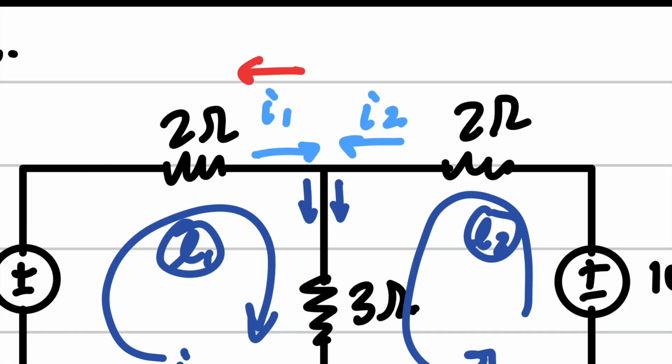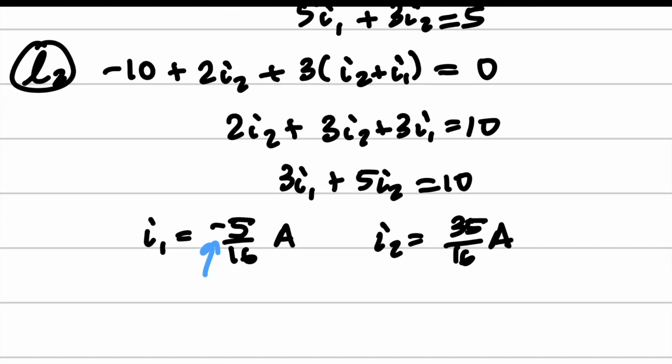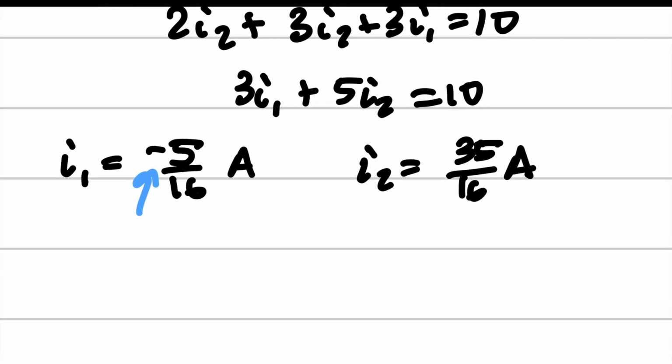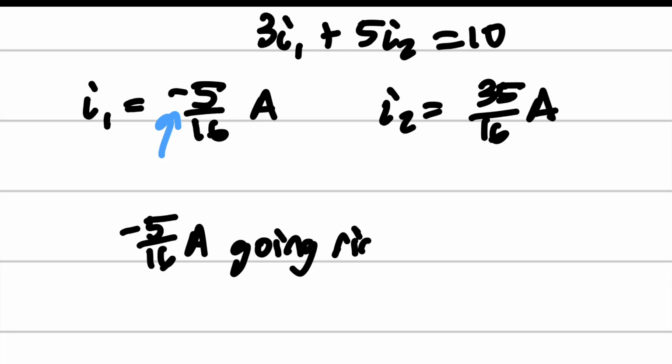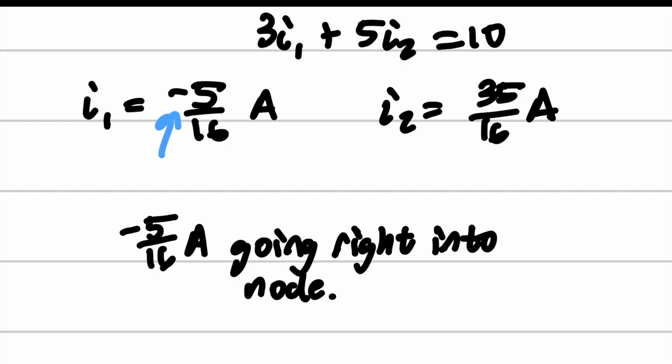Now, there are two ways you can label this. The first way is you can just say we have negative 5/16 amps going right into the node, and just double down on saying that it's going that way, because this negative current is telling you that you're going to add them up to go to the other side.